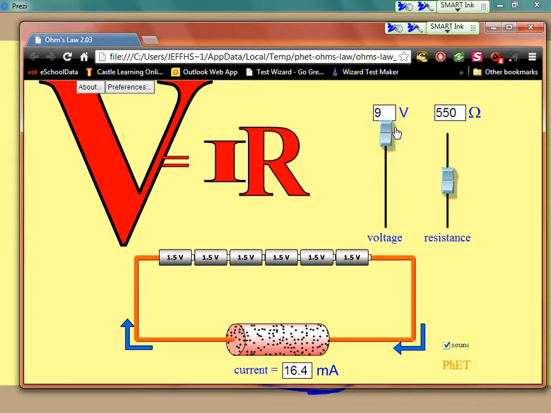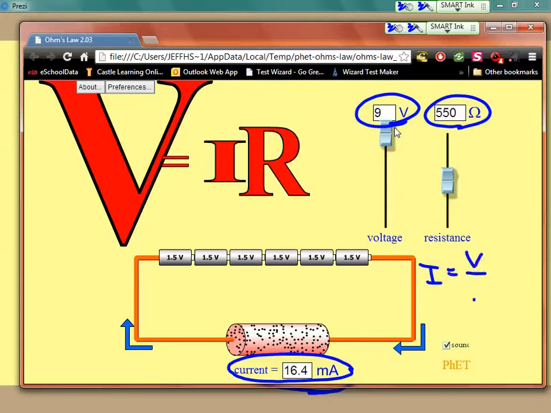The question is, how much is it going to be increasing by? Well, that can be calculated simply based on the formula V is equal to I times R. So in this case, I equals V divided by R. So 9 divided by 550 is 16.4 milliamps.